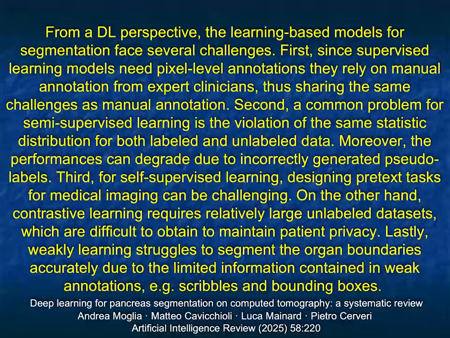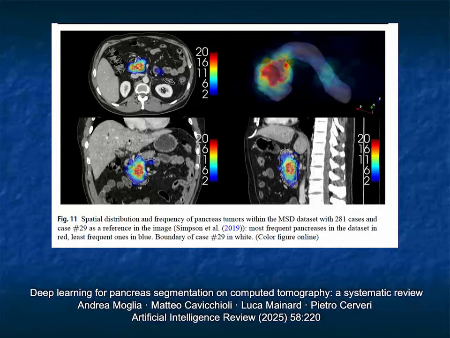Third, for self-learning, designing pretext tasks for medical imaging can be challenging. On the other hand, contrastive learning requires relatively large unlabeled data sets, which are difficult to obtain and maintain due to patient privacy. So again, we're talking about problems.